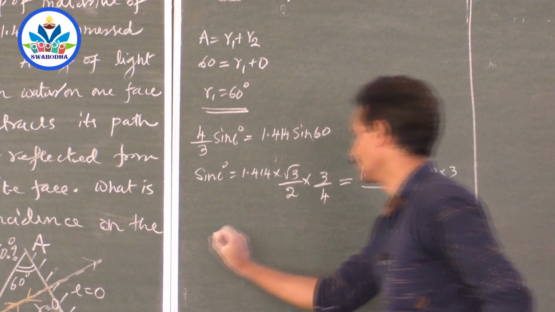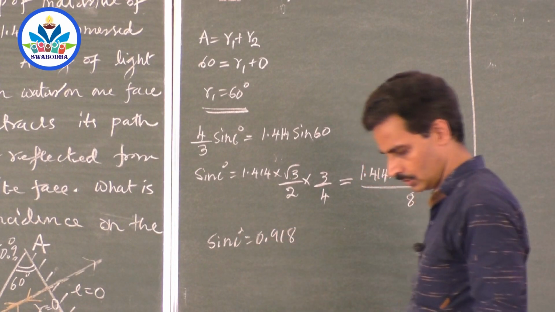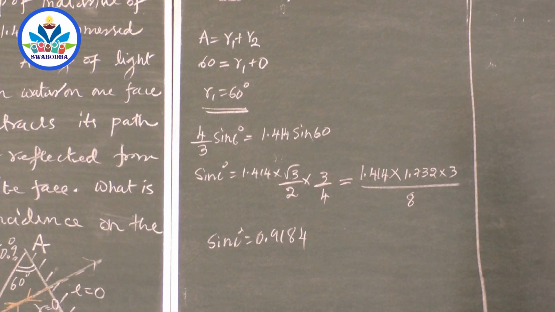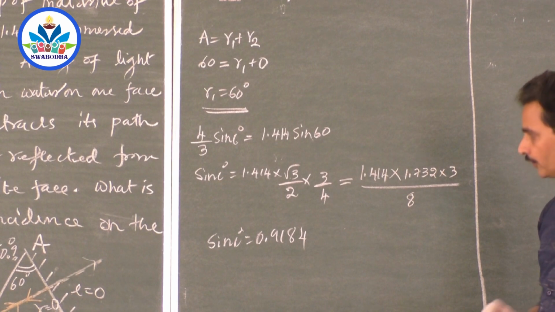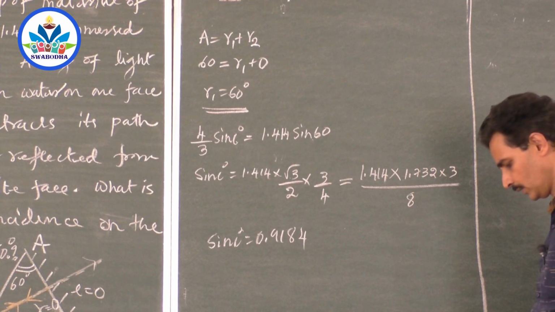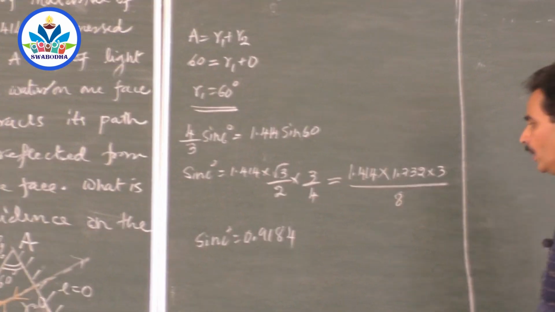So sine I is equal to 0.9184. Again I will check it, see whether you get the same answer. 1.414 into 1.732, which is root 3, into 3 divided by 8 gives 0.9184.